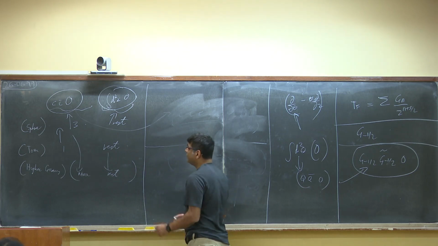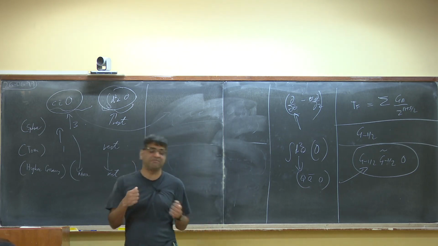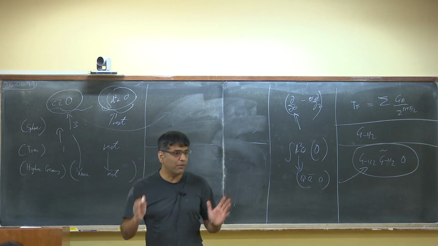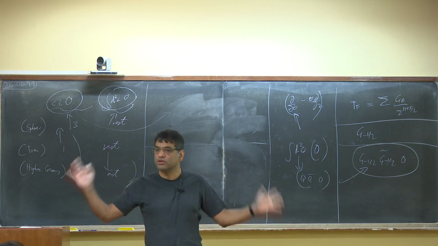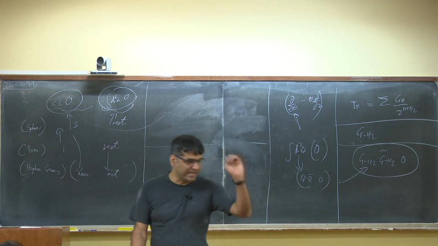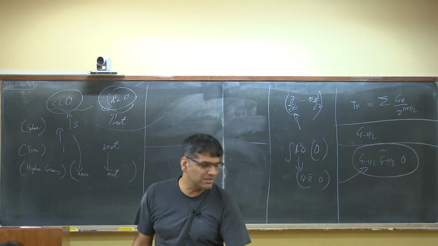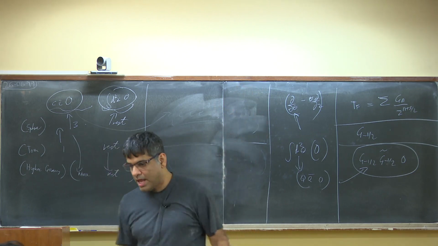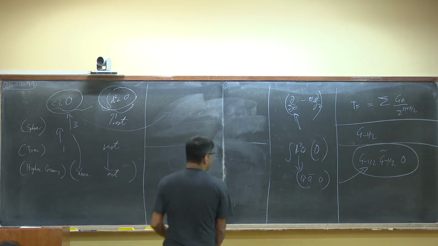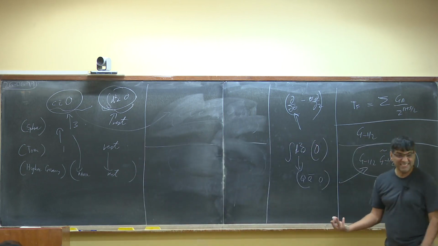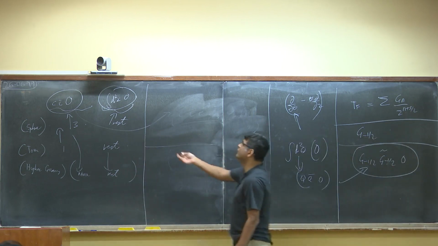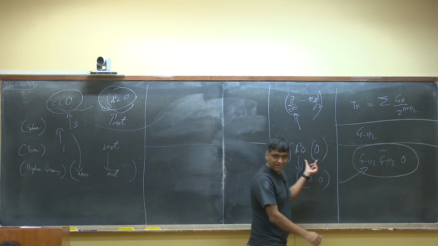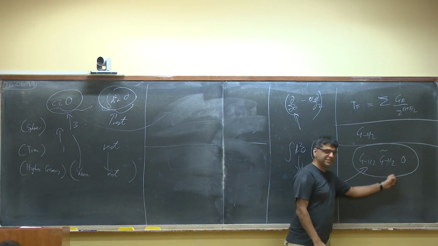There are going to be some number of vertex operators that are fixed or unfixed in the bosonic sense. How many are fixed and how many are unfixed, the rules have not changed: 3 fixed on the sphere, 1 fixed on the torus, none fixed beyond. However, whether a vertex operator is fixed or unfixed in the super sense has nothing to do with whether it's integrated over or not. It's just a question of whether you're inserting O or G minus half, G tilde minus half acting on O.